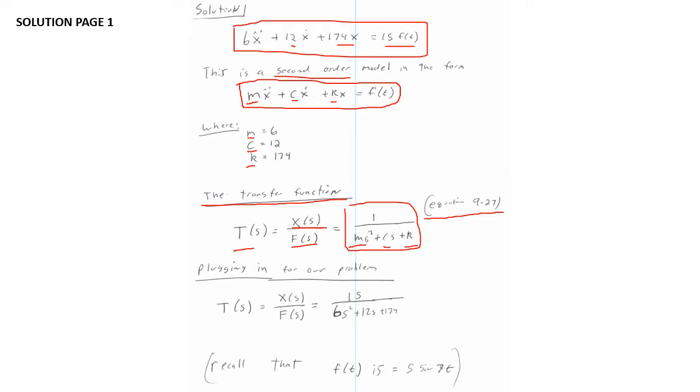If we plug in for our specific problem, using our m, c, and k from that general form, T of s is equal to 15 over 6s squared plus 12s plus 174. But we recall now, before we move on, that for part A, they give us f of t equal to 5 times the sine of 7t.